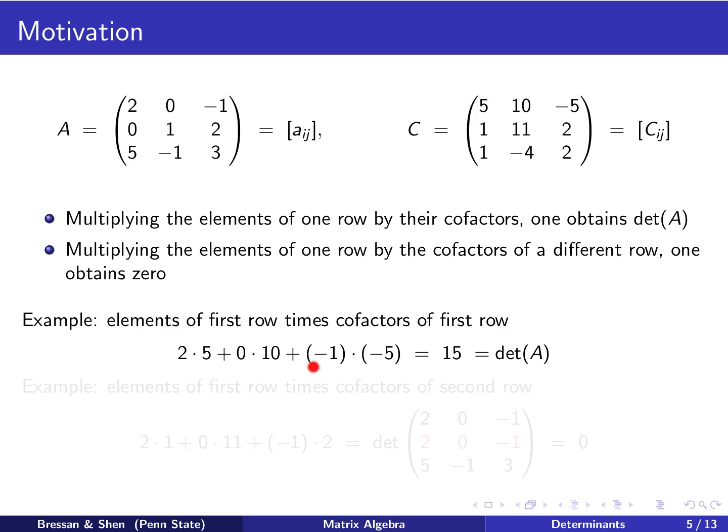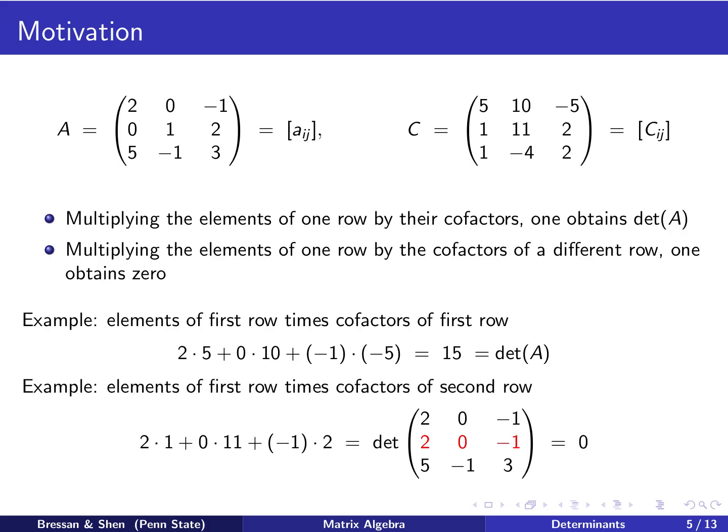If you work these out, you get 15, which is the determinant of A. And then you can take the first row here and multiply by the cofactors of the second row. Then you have 2 times 1 plus 0 times 11 minus 2, and you see that it's 0.